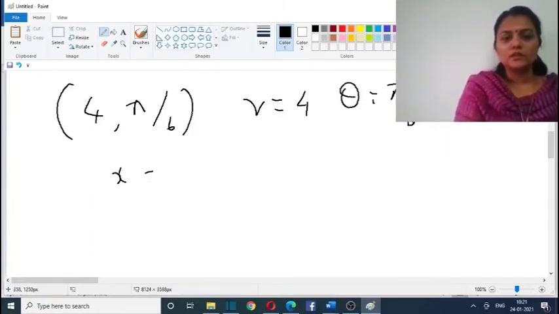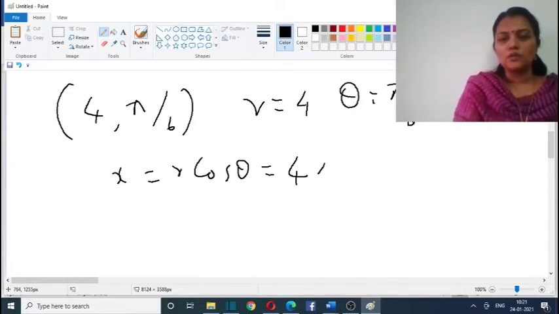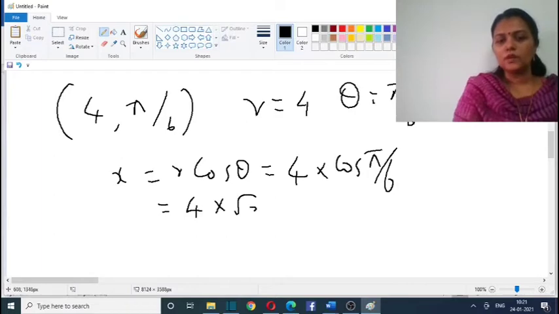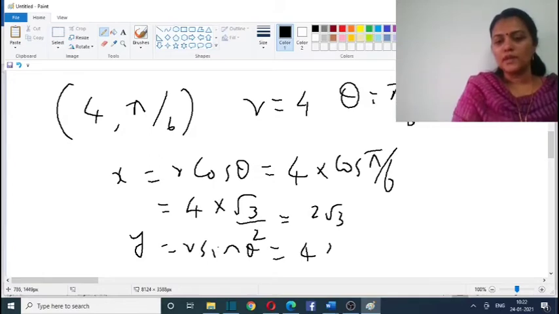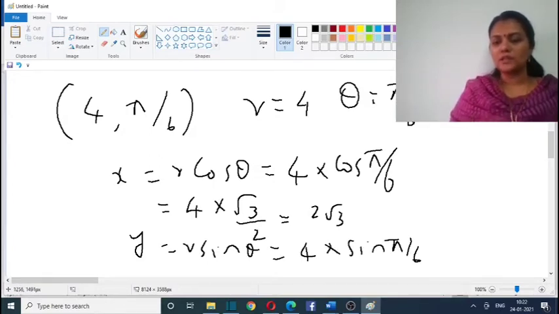So x equal to r cos theta, which is 4 into cos pi by 6. Pi is 180, 180 by 6 is 30, and cos 30 is root 3 by 2, so x is 2 root 3. And y is equal to r sin theta equal to 4 into sin pi by 6.